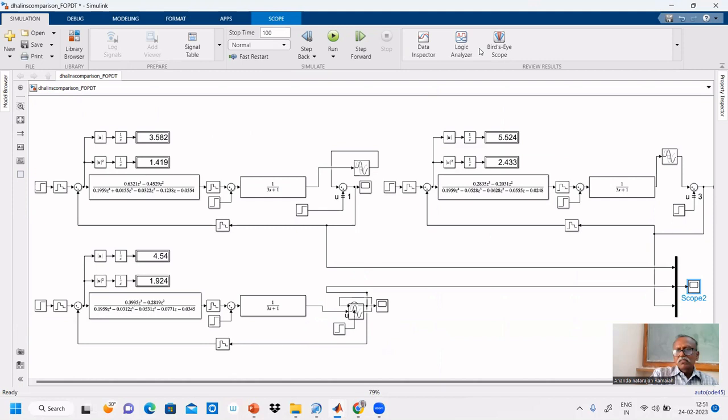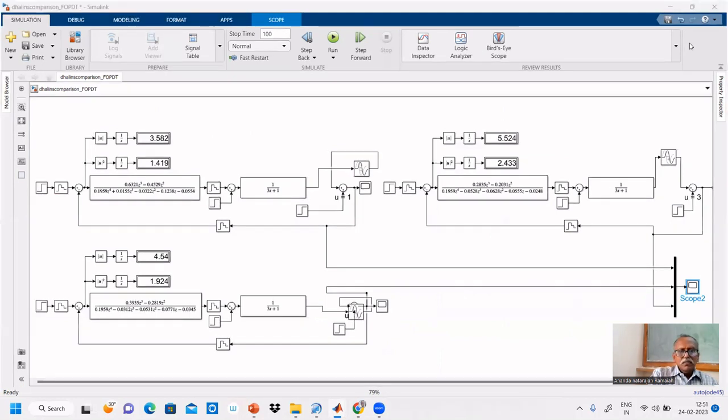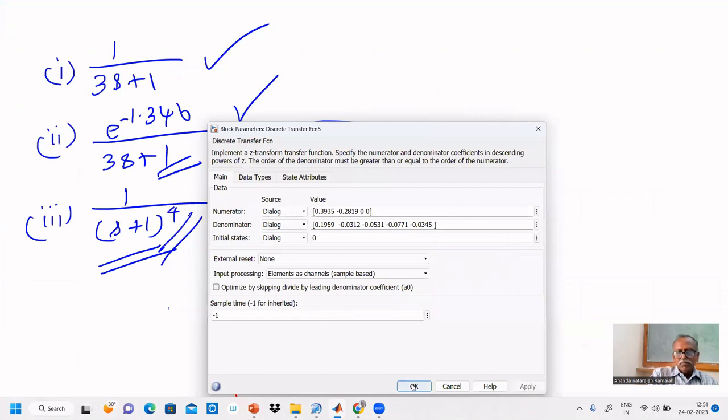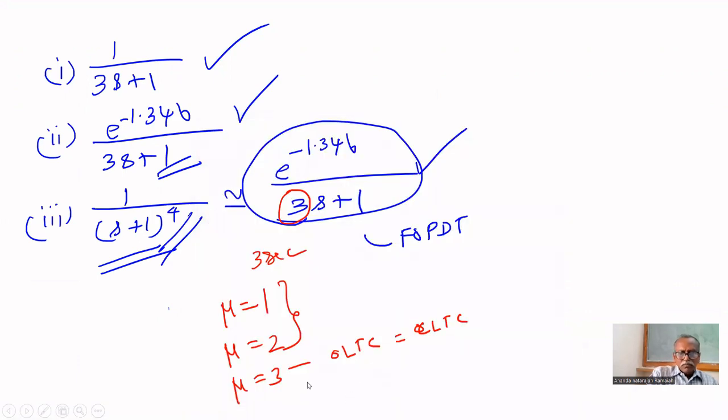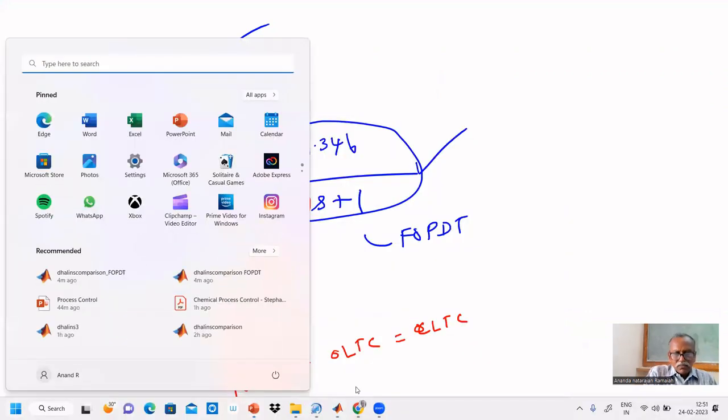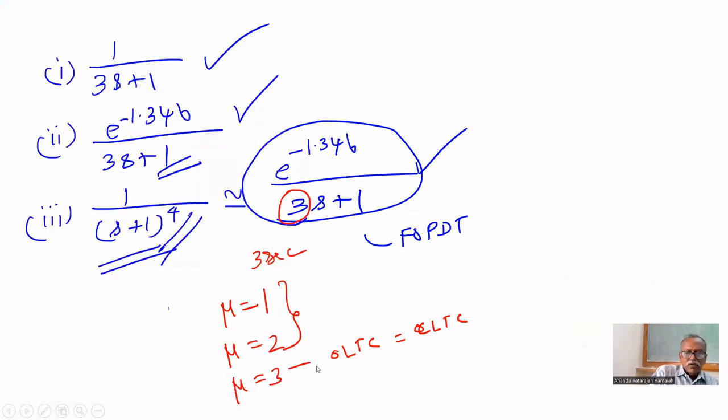For fourth order process, what you got? It's not here. I saved as, so it's not available.